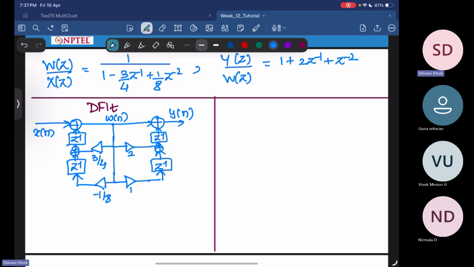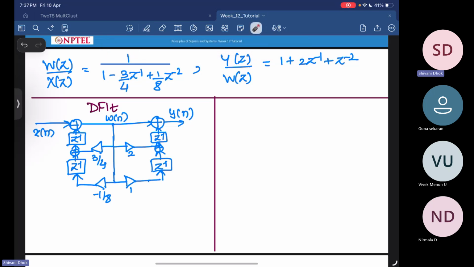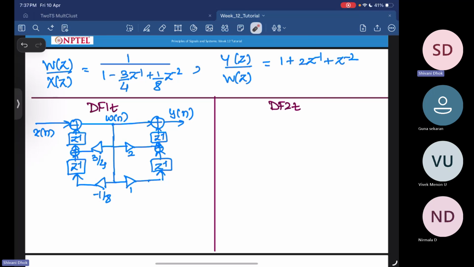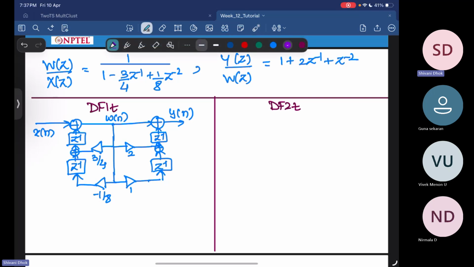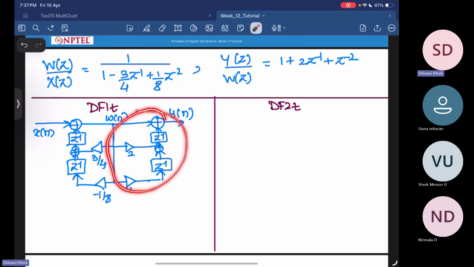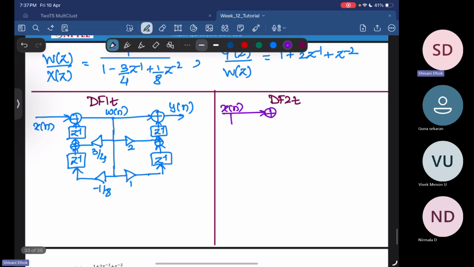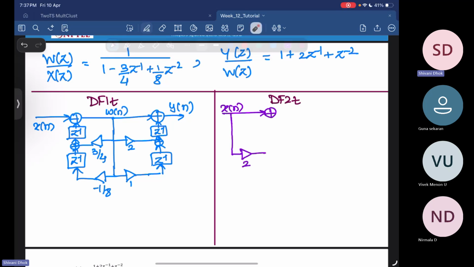And in order to get the direct form 2 transpose representation, we flip or swap these two systems. So basically for direct form 2, we will start with this point, or rather we first construct this. So we have x of n, then I'm just taking up this particular block.